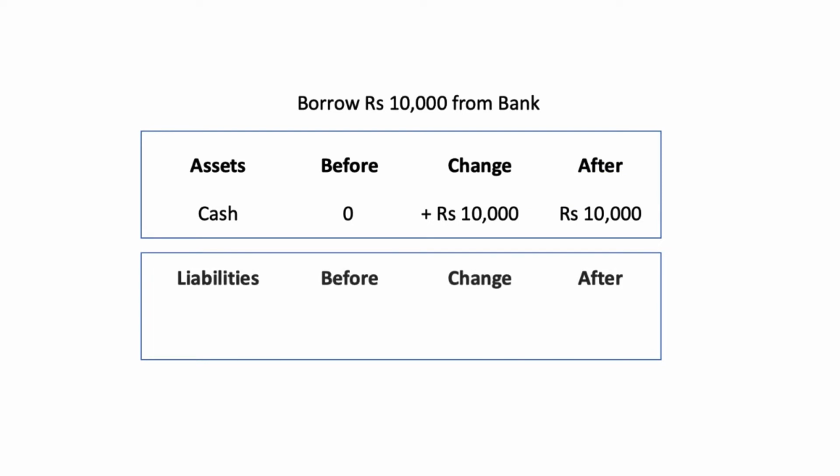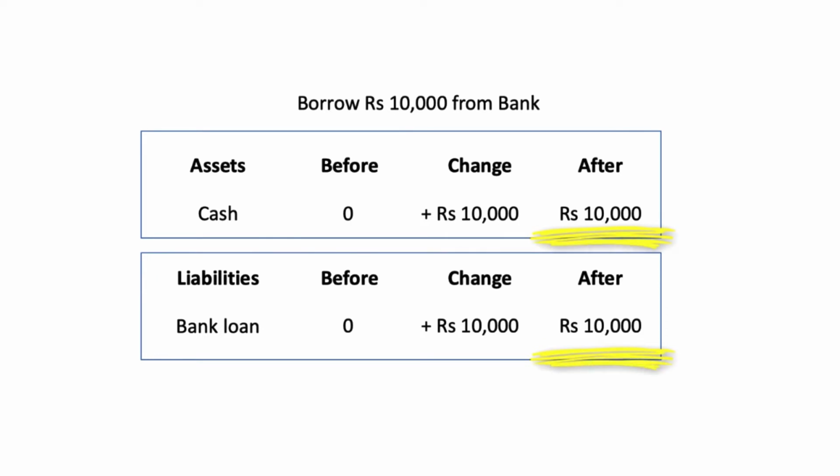On the liability side, before you started your venture, you have 0 outstanding. You borrowed 10,000 rupees from a bank, and after this transaction, your liabilities stand at 10,000. So your total liabilities are 10,000, which is basically a loan from the bank. As you can see, both sides of our balance sheet are equal, that is balanced.